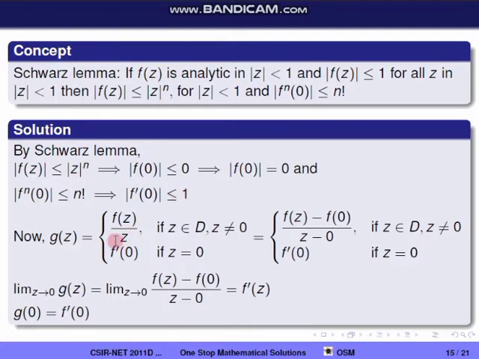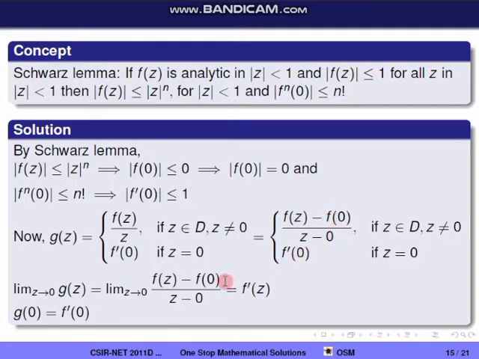So we are given g(z) = f(z)/z if z is an element of D and z is non-zero, and f'(0) if z = 0. So I am rewriting this function as (f(z) - f(0))/(z - 0). Here f(0) is 0, so it doesn't change the value.